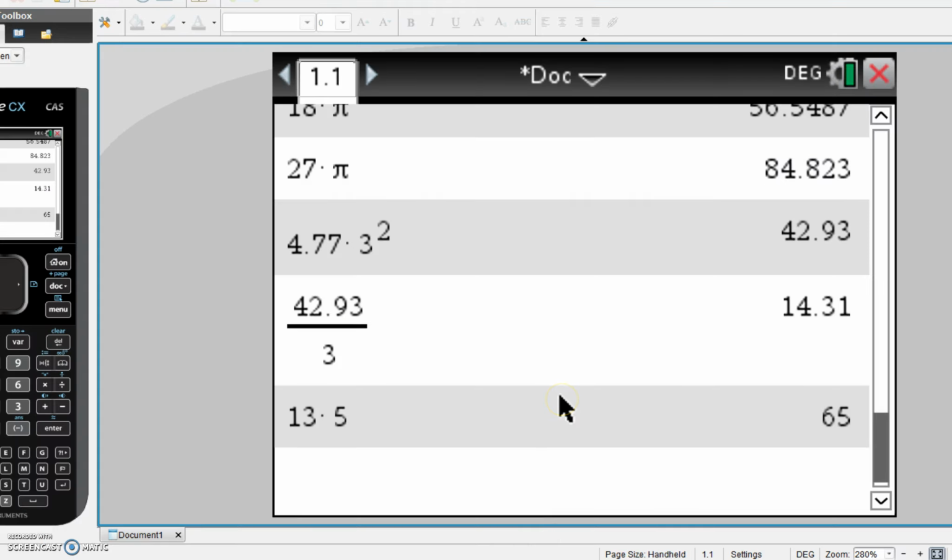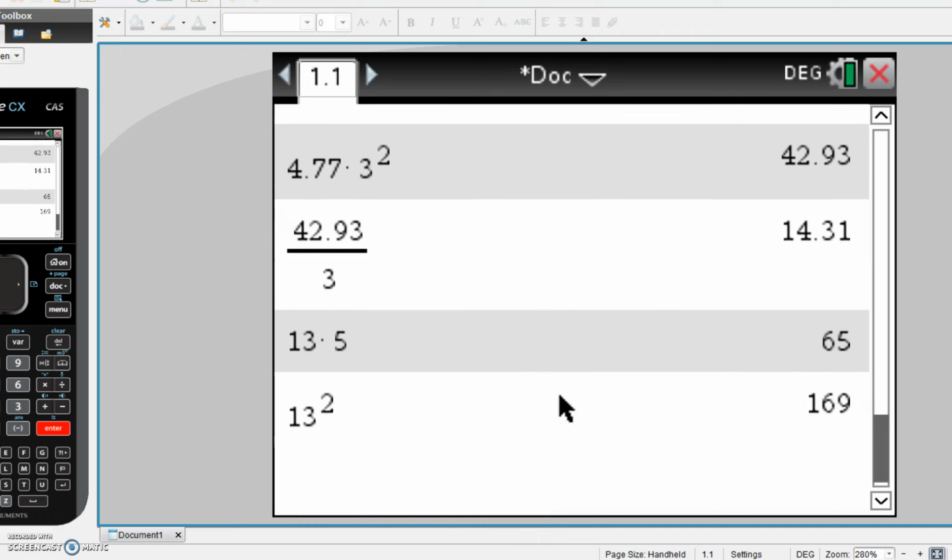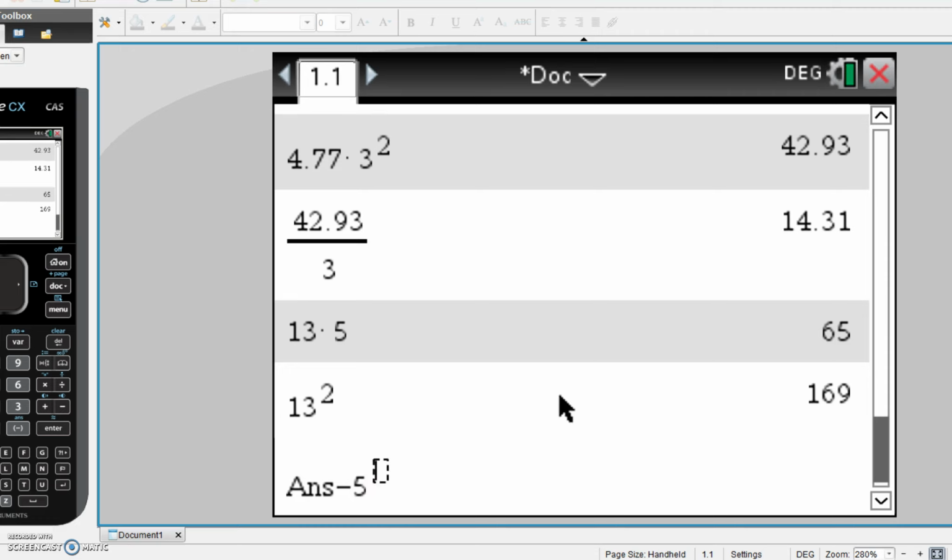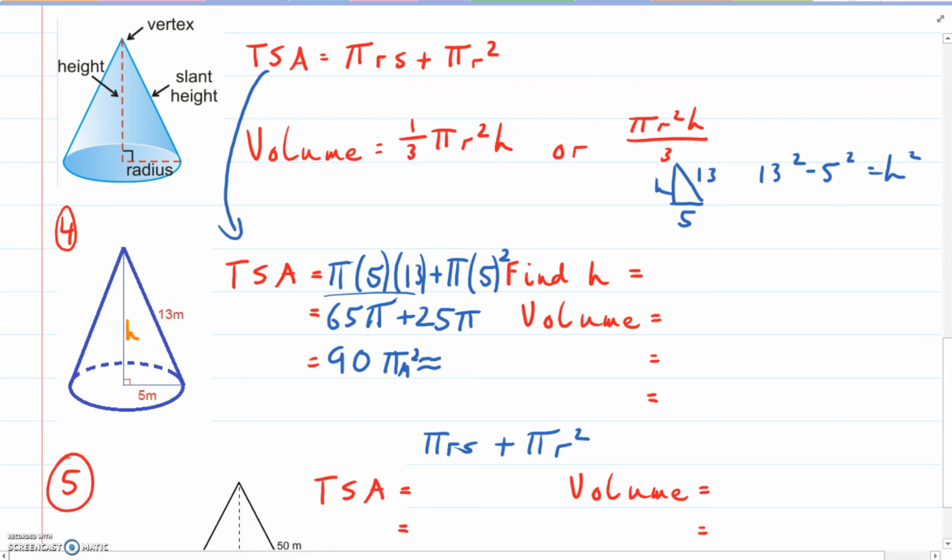I think I can do this one in my head. Alright, so we end up with 144 equals h squared, same as square rooting both sides. So h equals 12. And now we can find the volume.